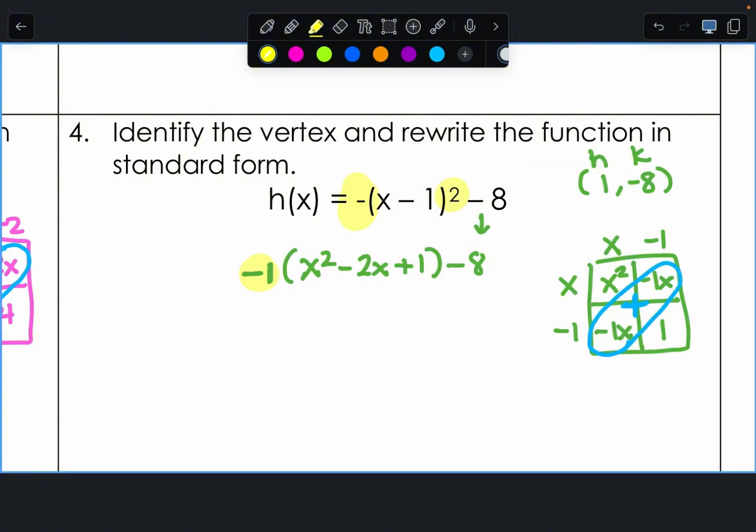Distribute the -1. So -1 times x squared, -1 times -2, and -1 times 1 is -1. Bring down the minus 8. Last step. Combine your -1 and -8 to get what? -9.